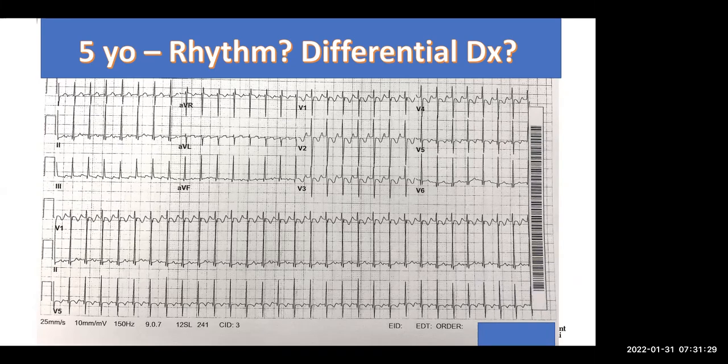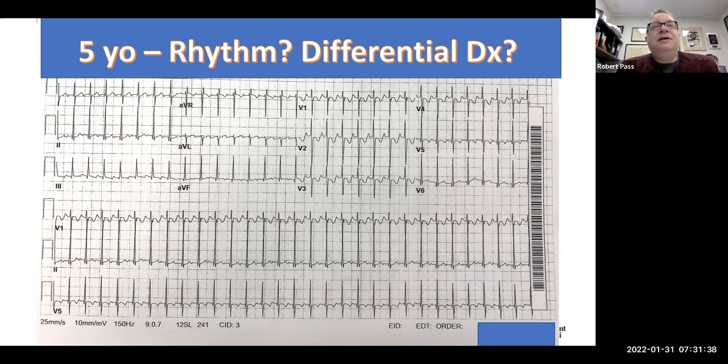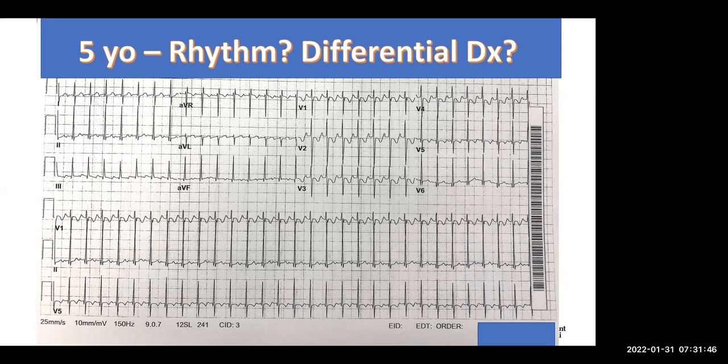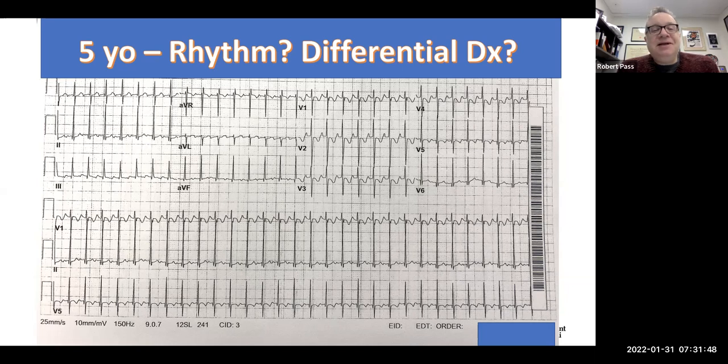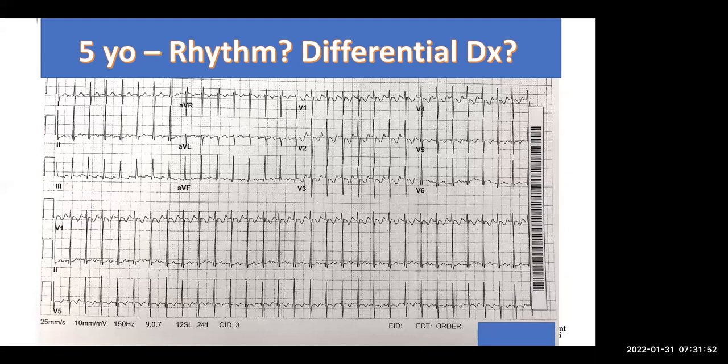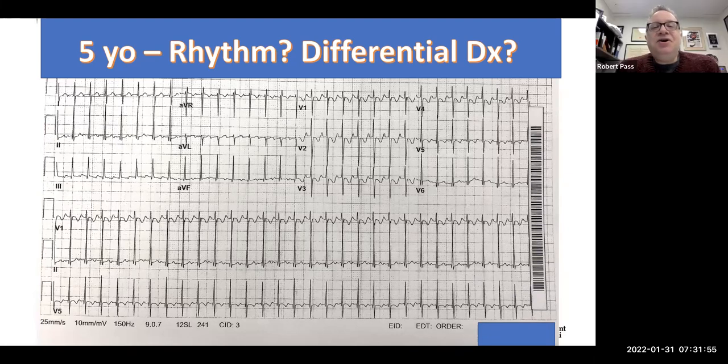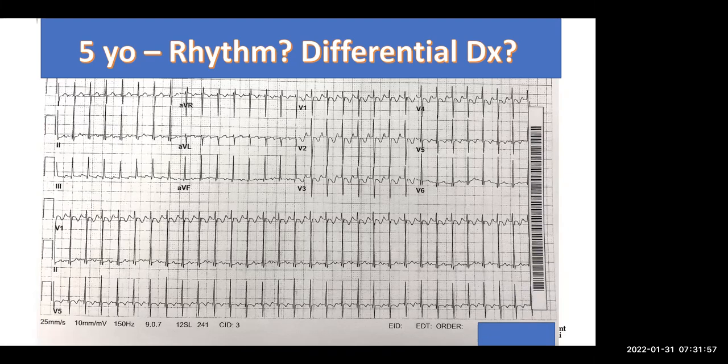And then you come back, like you form a loop around, you go back to the AV node and then come back to the ventricle. Wait, I think we're skipping a step. So you're going from the atrium to the ventricle through the AV node. I agree with that. And then how do we go from the ventricle back up to the atrium in PJRT? Through the accessory pathway. Right, okay, you kept throwing that word AV node in there. I wasn't sure what that meant.